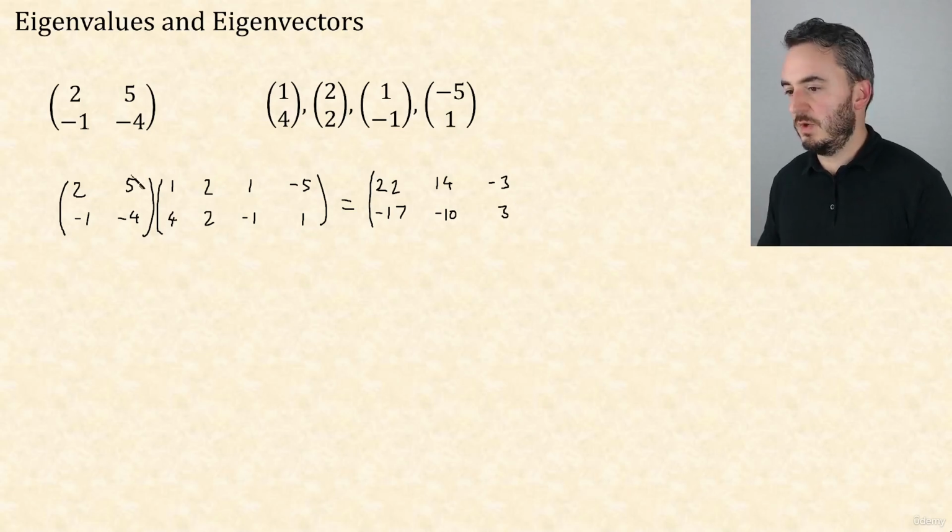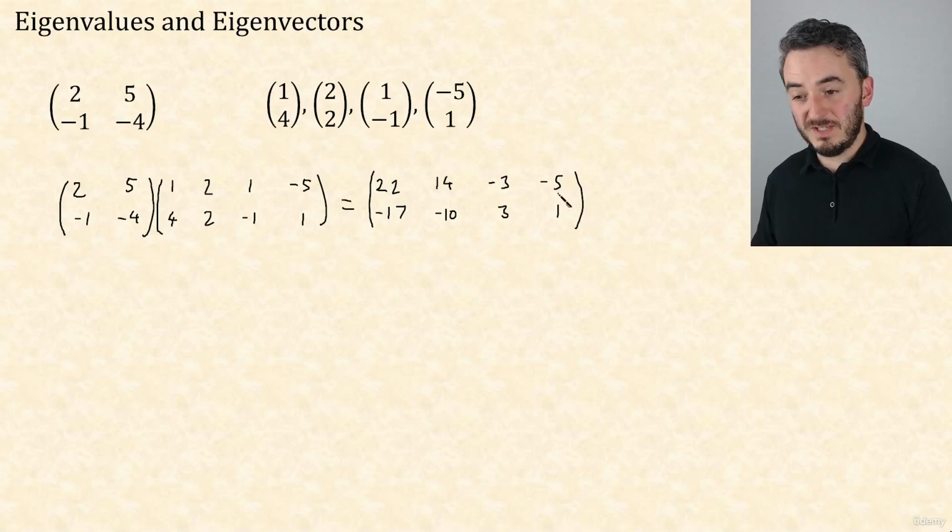And what about this last one? 2 times minus 5, so it's minus 10 plus 5, that's minus 5, and 5 minus 4 is 1. Well, that one didn't change at all.